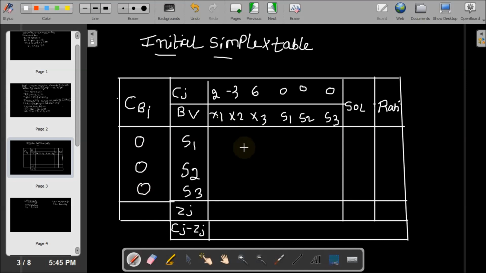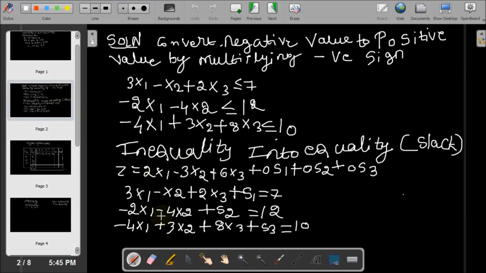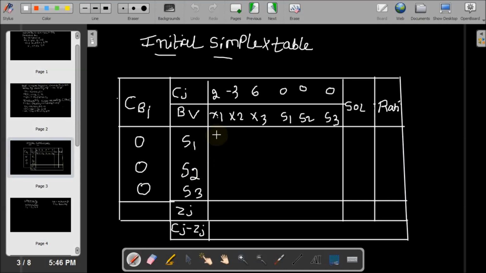See, very simple. You can see here this constraint: 3x1 minus x2 plus 2x3 plus s1 is equal to 7. So first I will construct that. See here, for s1: 3, minus 1 because x2 is minus 1, and next 2.